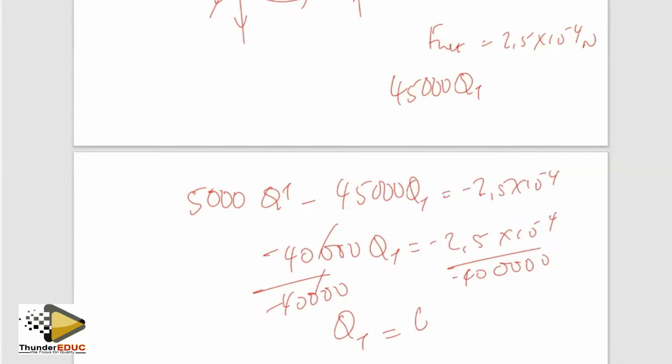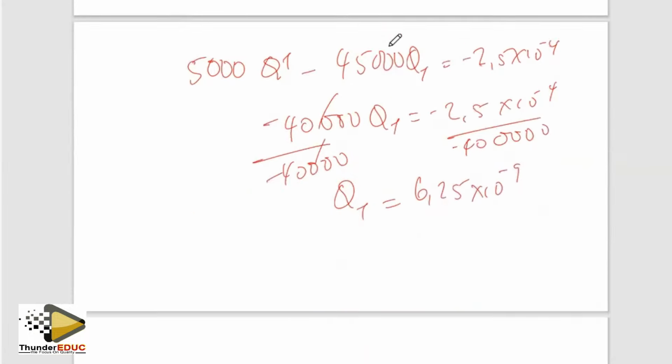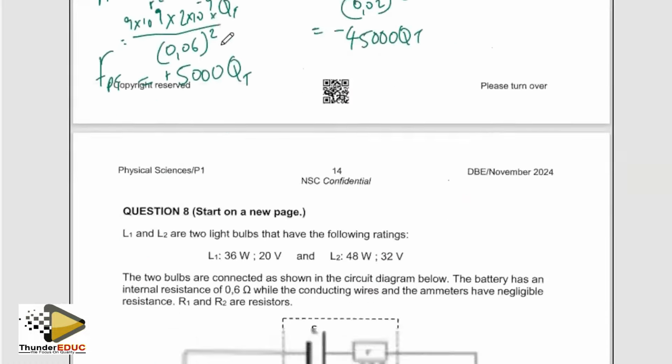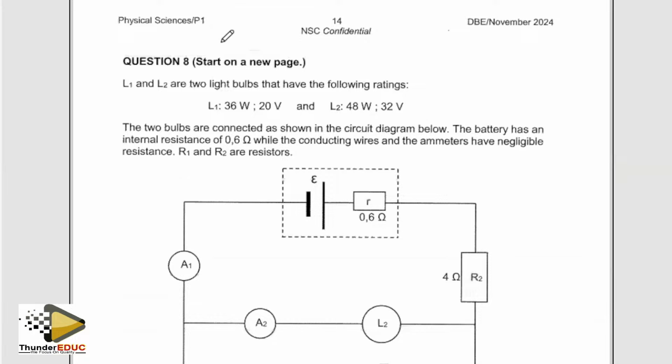All right, so I'm getting 6.25 times 10 to the negative 9. Or you can just write it as 6.25 nanocoulomb. All right, so that is my approach to that question 7.